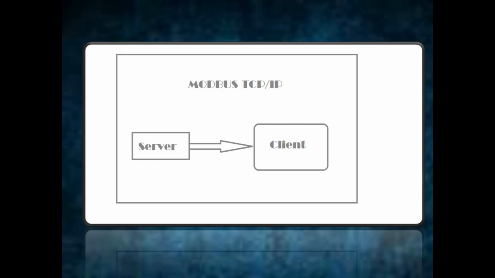Modbus TCP IP is not the same as Modbus RTU where we have master and slave. Here we have a different arrangement. Here we have server and client. So Modbus TCP IP uses a server and client architecture as compared to Modbus RTU, which uses a master and slave arrangement.